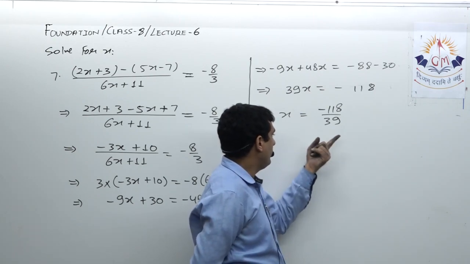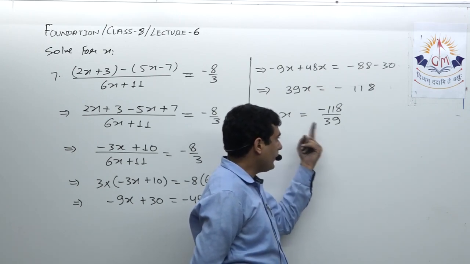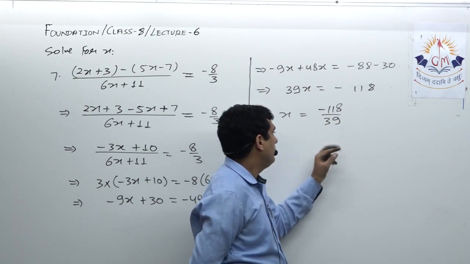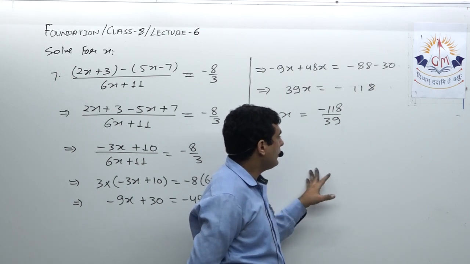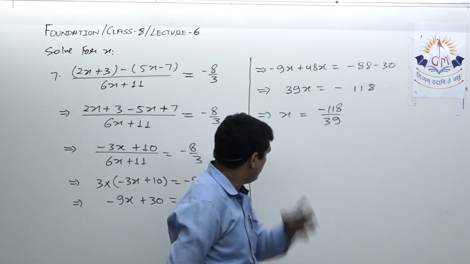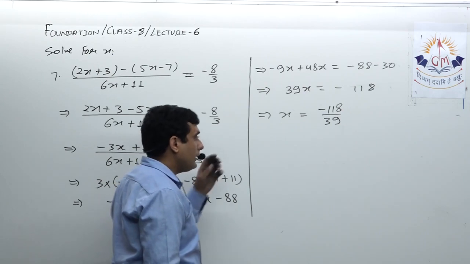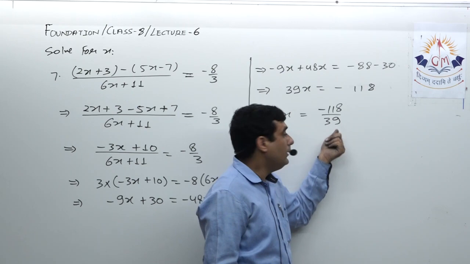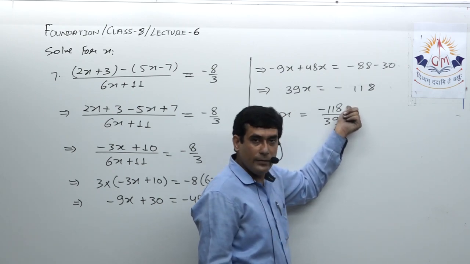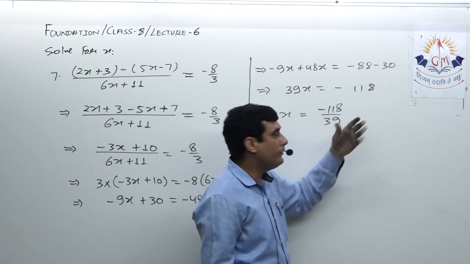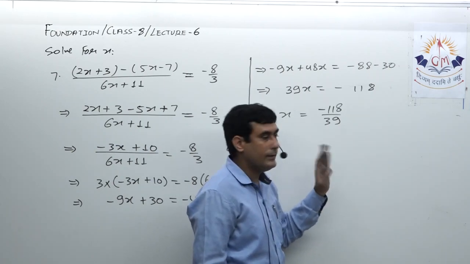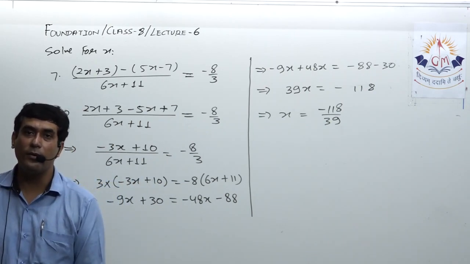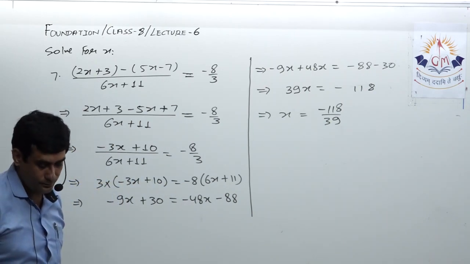Then 118 is not divisible by 11. 39 is divisible by 13, but 118 is not divisible by 13. Actually we have to check only for the prime numbers. 39 itself is not a prime number, but it has only two factors, 3 and 13. So if 118 is not divisible either by 3 or by 13, obviously it is not divisible by any other factor of 39. So this is the final answer. Please note it down, then we'll see the next question.